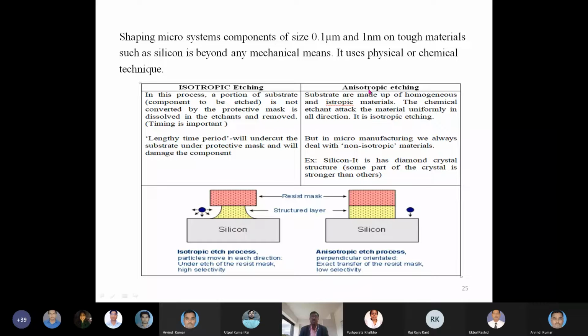Whereas in the anisotropic process, the etchant removes the substrate in only one direction, either vertical or horizontal. So these are the two ways, anisotropic and isotropic etching, that are used in bulk manufacturing systems.